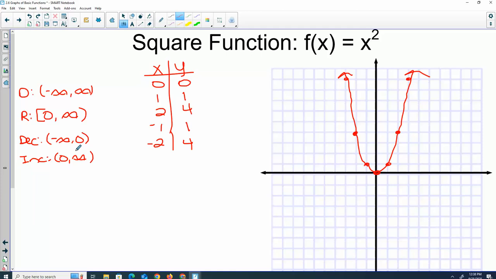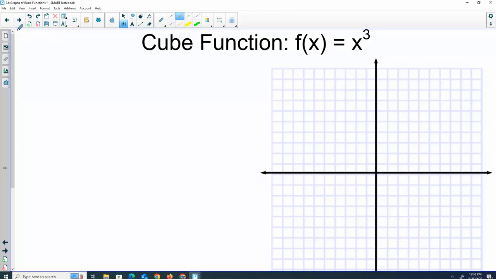All right. What about the cube function? So, you guys remember what that looks like? Close, yeah. So, we kind of have an idea. Let's get some points. If I put in 0, 0 to the third.